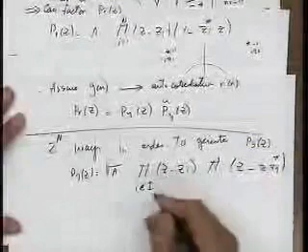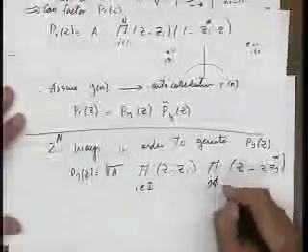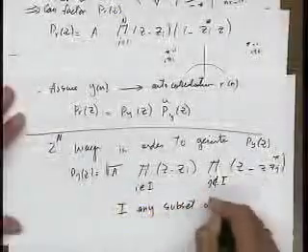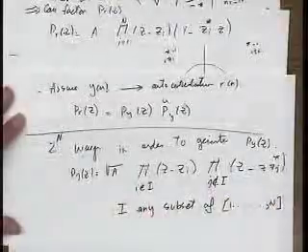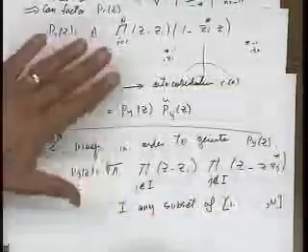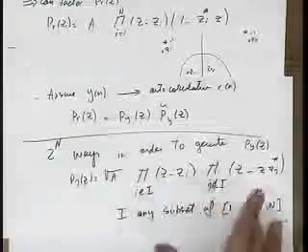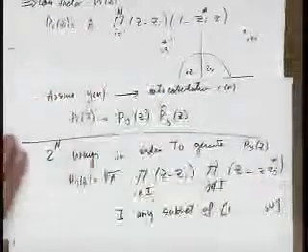I is in some set I, and J is not in I, and this I can be any subset of 1 through n. So for example, if n is 5, I could pick 4 zeros here and 1 there, and it could be any one of the zeros. I could have 2 here, 2 there. There's just 2 to the n enumerations of possible factoring of this thing that would result in 2 to the n different signals. Okay?